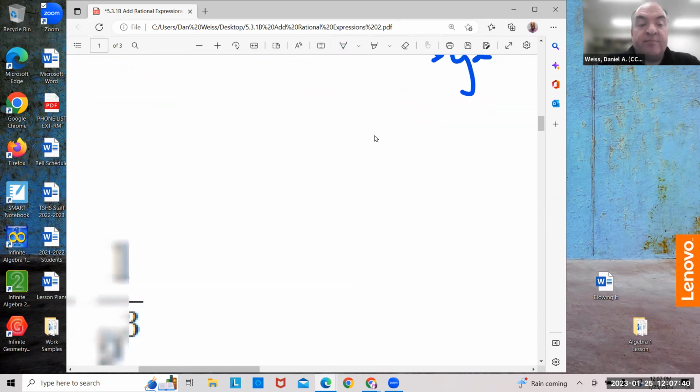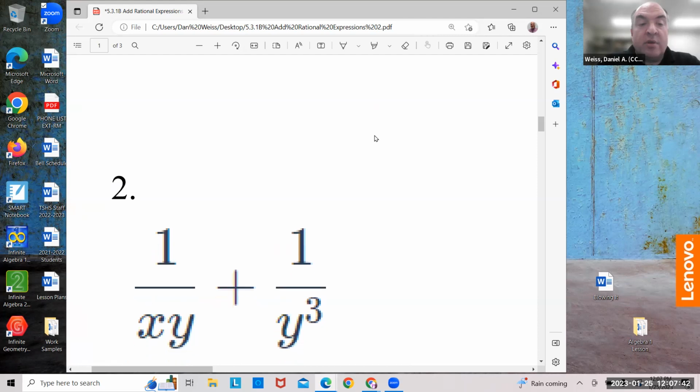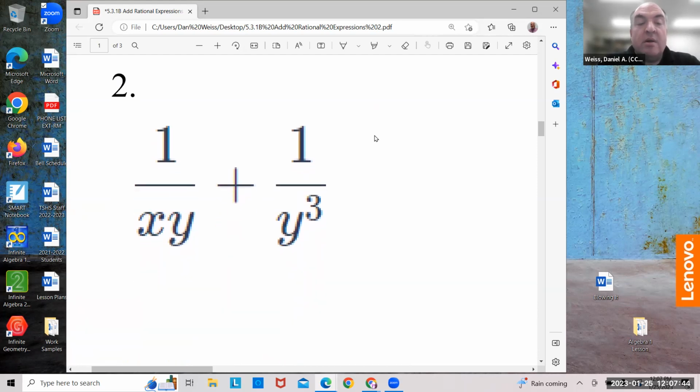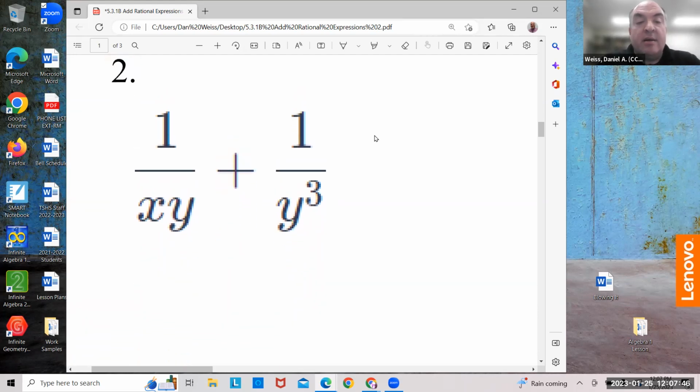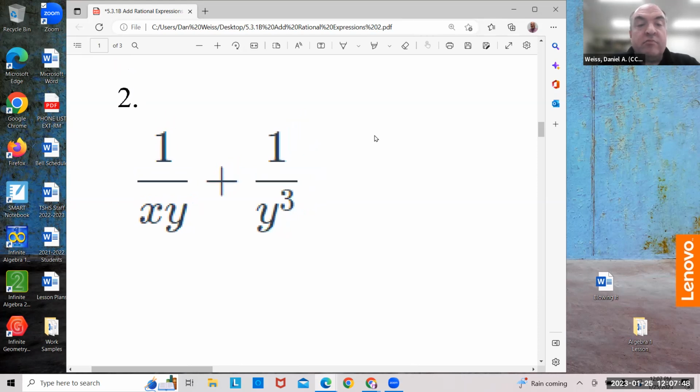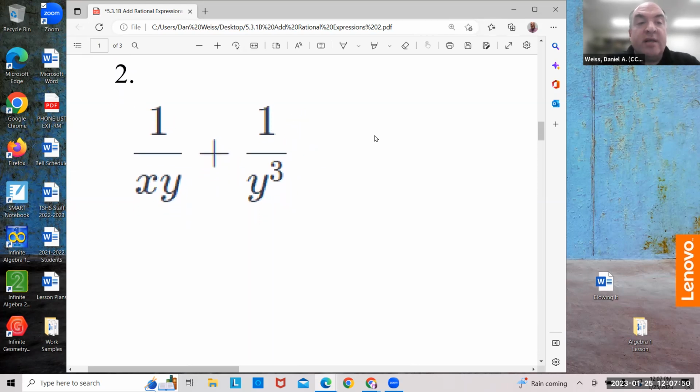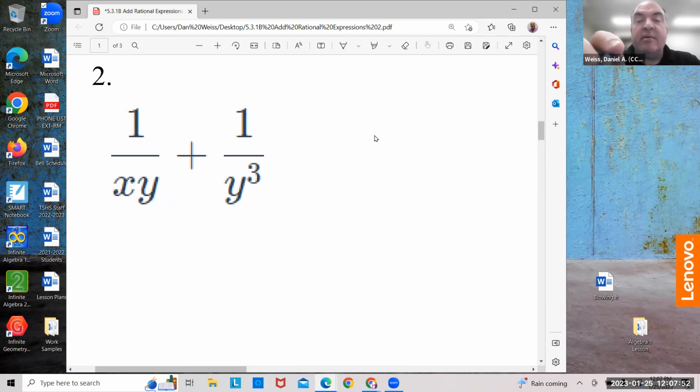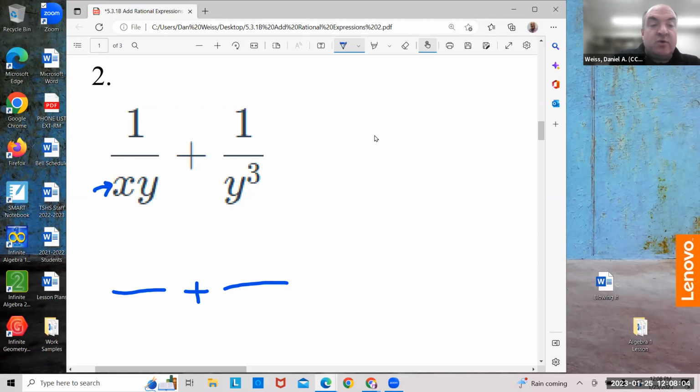Another example. What is the common denominator? There's an x and a y here, and there's a y to the third here.